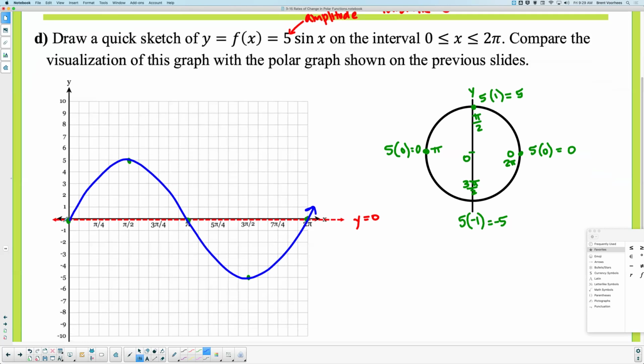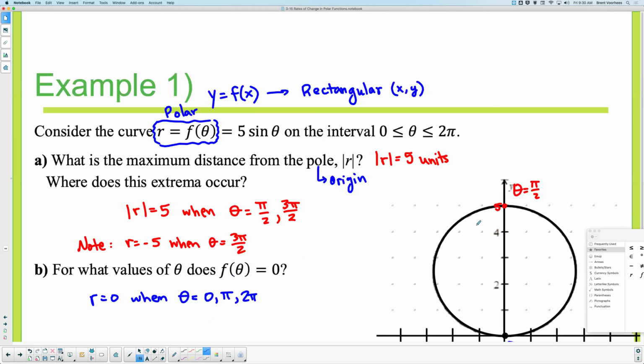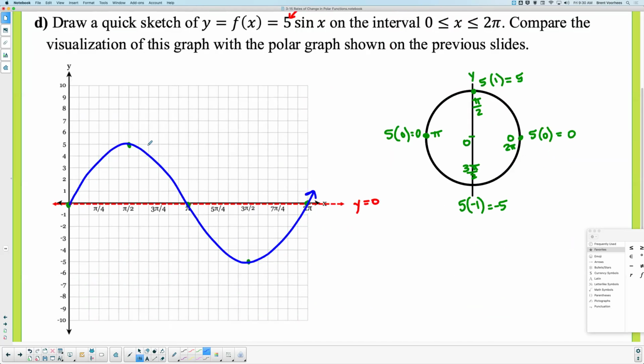What does it appear the maximum value is of this graph? 5. Now on polar graphs, the maximums and the minimums will appear the same typically. And so we said that it happens at two different places. Do you remember where we said it occurred? Just look across. Pi over 2 and 3 pi over 2. Does it match up with this graph? Do we have our extrema at pi over 2 and 3 pi over 2?